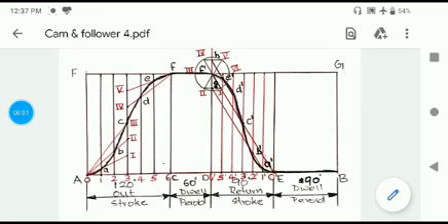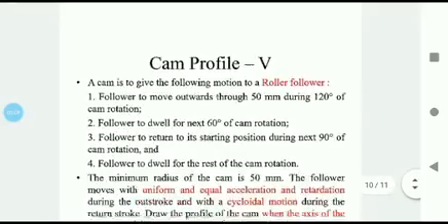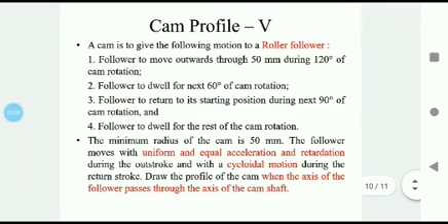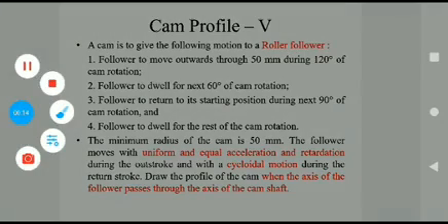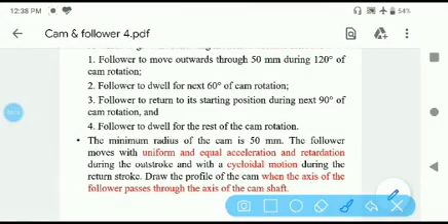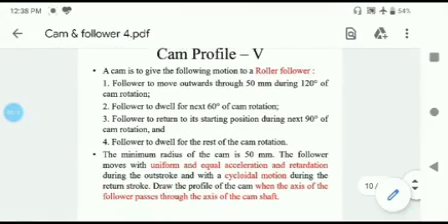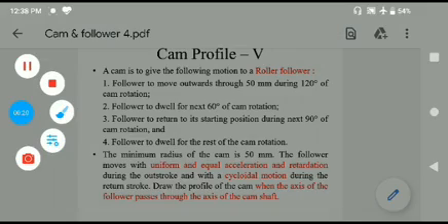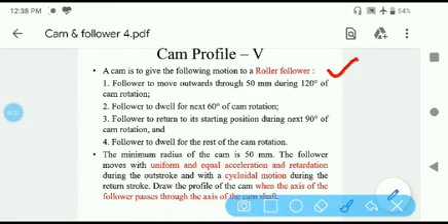Now there are two more questions that you need to do, which are similar to the questions you have done before. So this is the question. Here in this particular question, all the motions of the follower is same to that of the last question. Only difference is that in this particular question the follower is a roller follower, and I forgot to mention the radius of the roller.